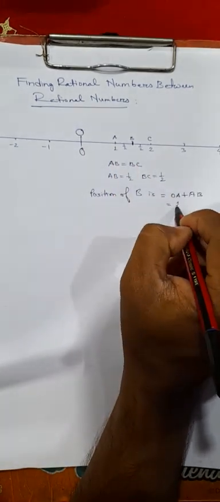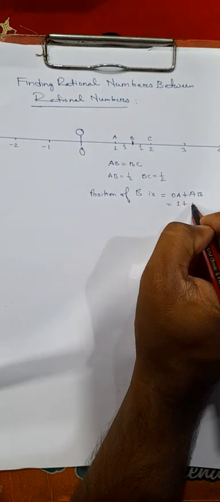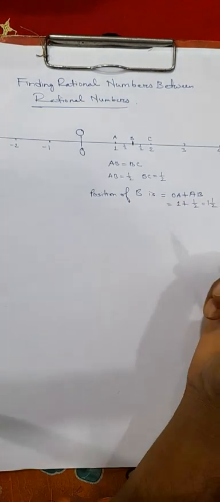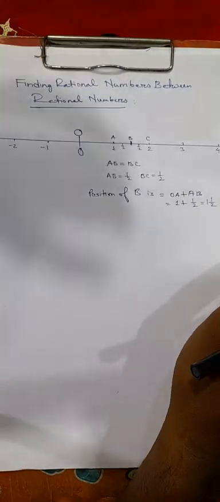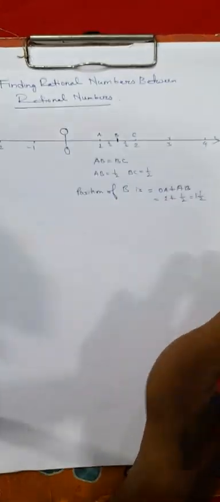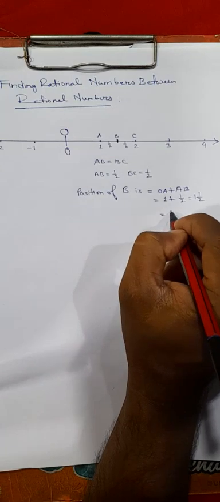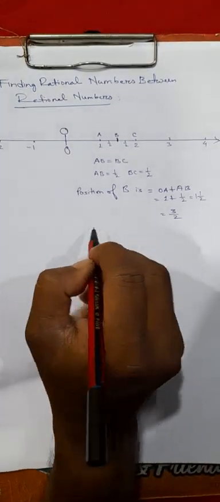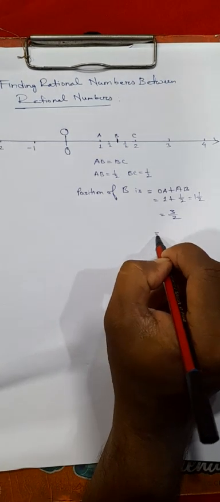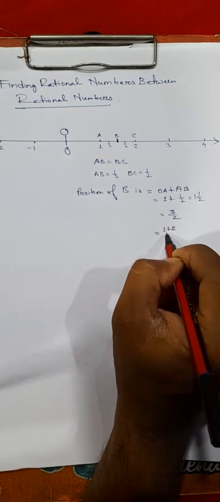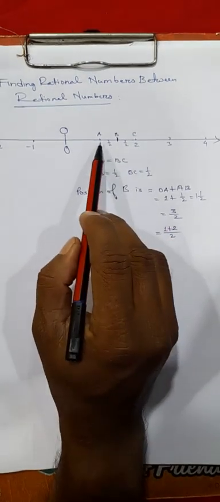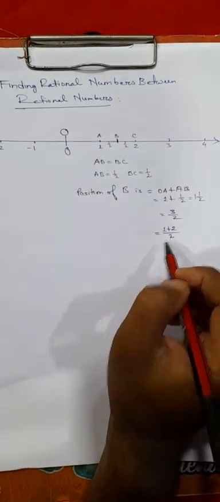This is 1, plus AB means half, 1/2. 1 plus 1/2 means 3/2. So position of B is 3/2. 3/2 means 1 plus 2 divided by 2, sum of 1 and 2 divided by 2.